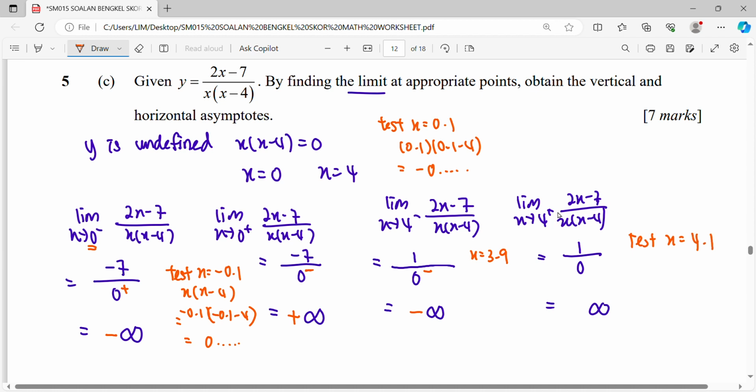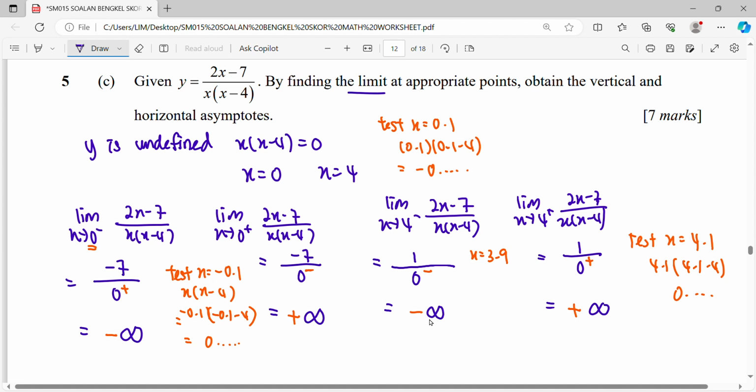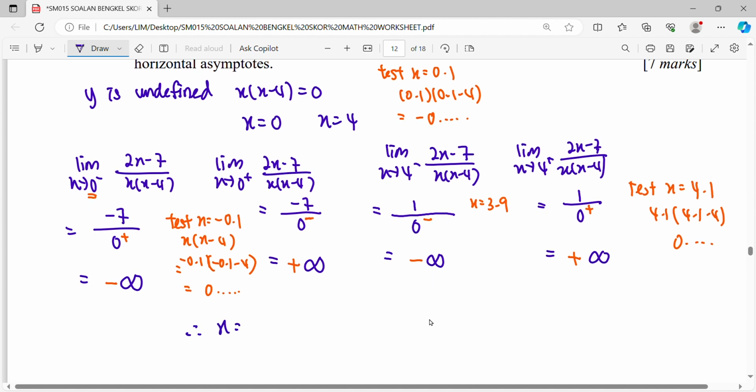At the part of 0 here, the denominator, 4.1 minus 4, you calculate, it will be positive 0 point something, correct? So positive over positive, positive. And you can see all your results here: positive infinity, negative infinity. This means that x = 0 and x = 4 are vertical asymptotes.